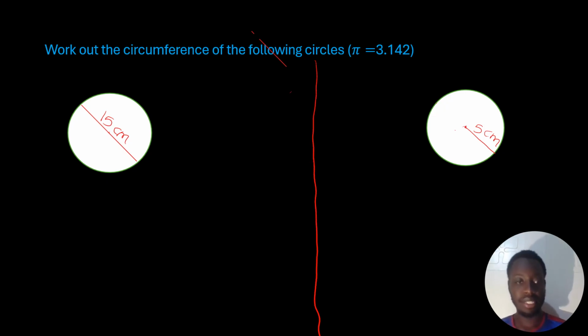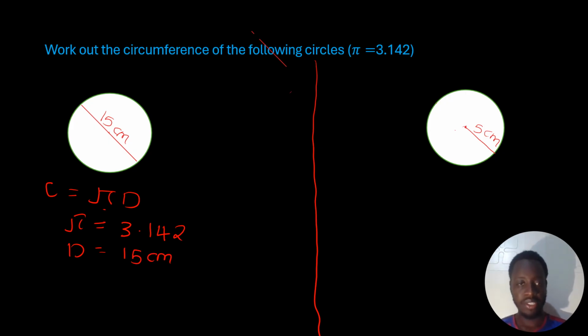When we use diameter, we use the formula pi d. Pi is 3.142, while our diameter is 15 centimeters.